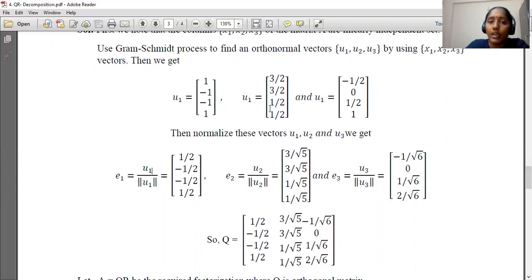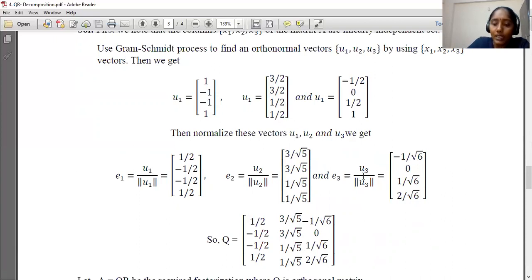Again, find the length of the vector u2: square root of (3 by 2) whole square plus (3 by 2) whole square plus (1 by 2) whole square plus (1 by 2) whole square. That is 9 plus 9, 18, plus 1, 19, plus 1, 20, by 4. 20 by 4 means 5, so square root of 5. Just divide this by root 5.